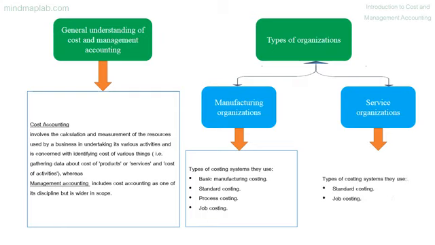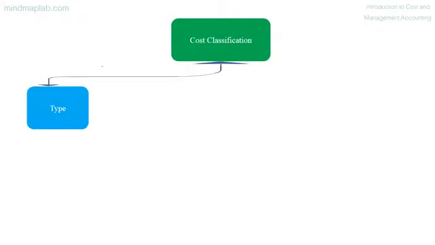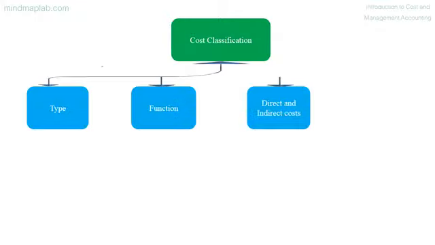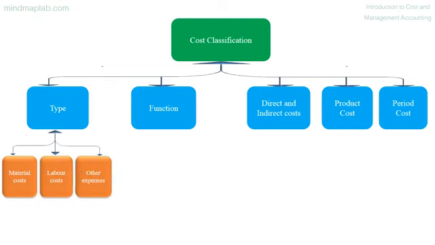Standard costing. Job costing. Cost classification. Cost is classified on the basis of type, function, direct and indirect costs, product cost, period cost. Further, costs are classified by type into material costs, labor costs, other expenses.